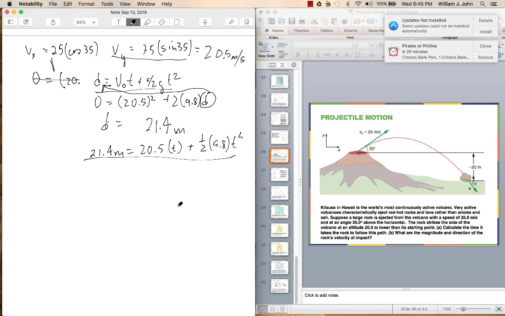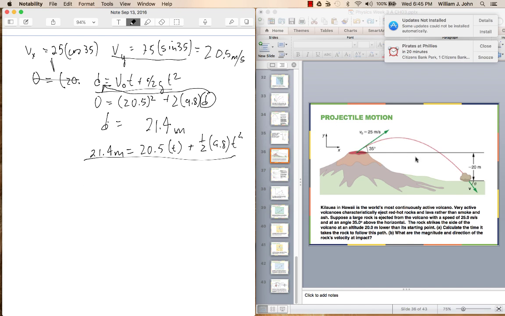And that I'll let you all do the math here because that would take a lot of time, and I'm not sure I want to take that time. So that'll give you the time to the top. Of course, you'd multiply that by 2 to get to the time to this point.